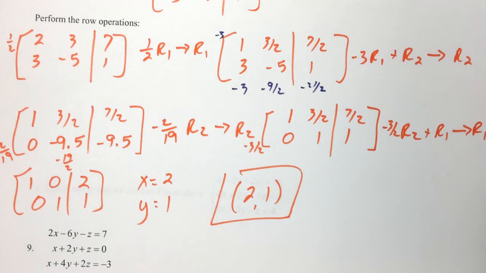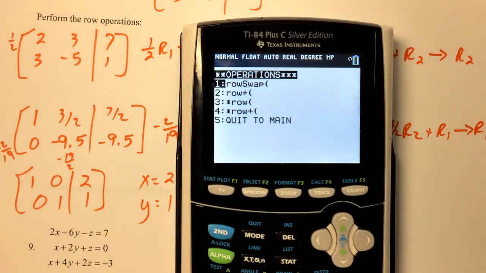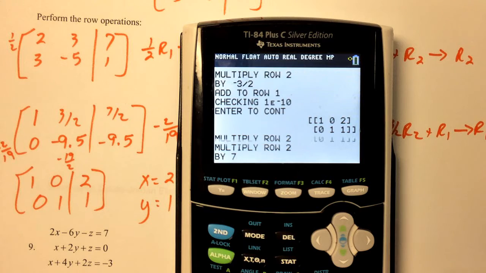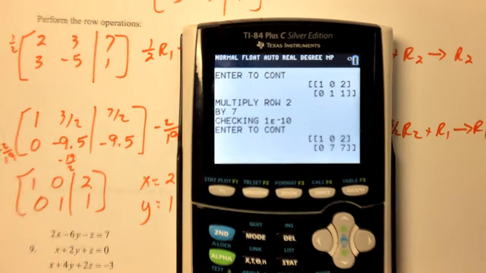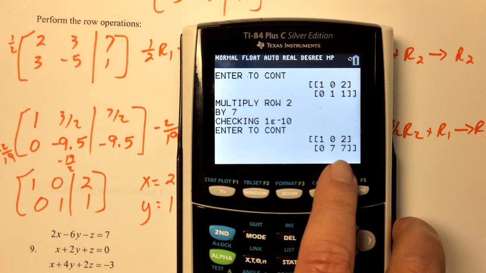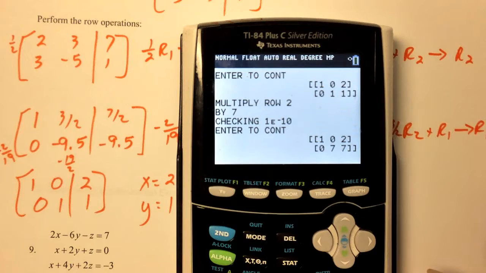All right, let me show you one other thing. Let's say that you make a mistake, and you say, oh, I want to multiply row 2 by 7. It's going to do that for you. Notice it's messed it up. I didn't want a 7 there. I wanted a 1 there. So if you mess up, you're kind of stuck.